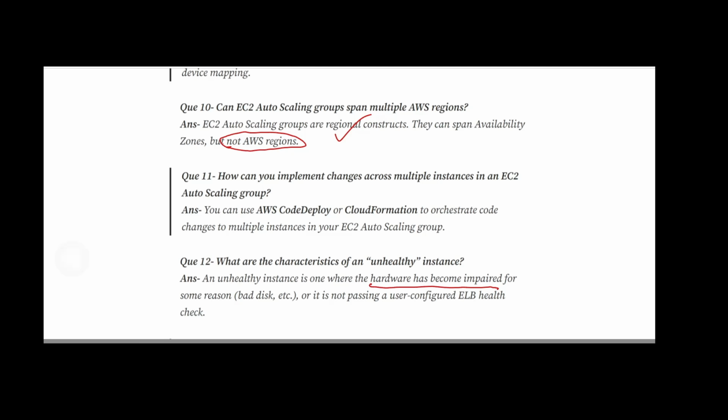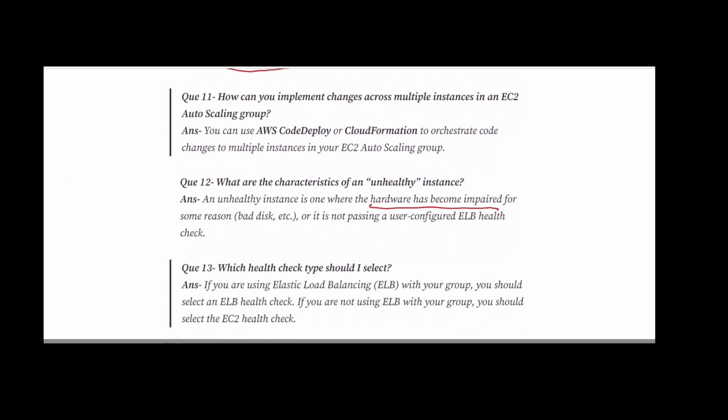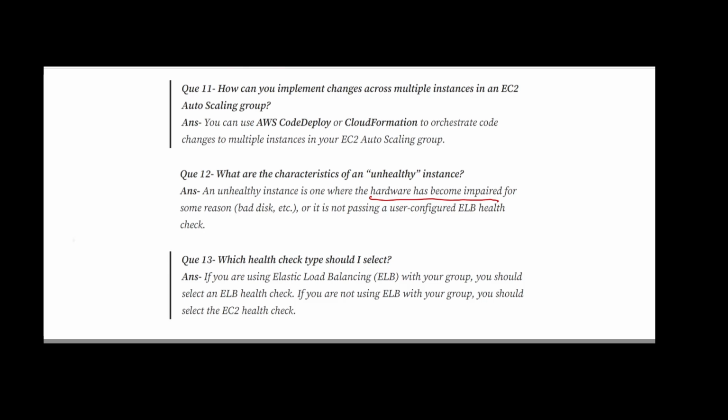Question number 14. What are the three main components of EC2 Auto Scaling in AWS? This is an important question. The first thing is your launch template. A launch template is a feature of EC2 Auto Scaling that allows you a way to templatize your launch request.